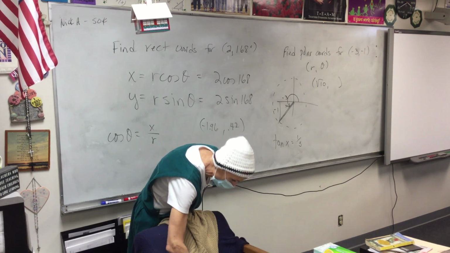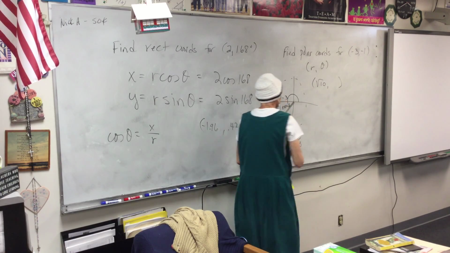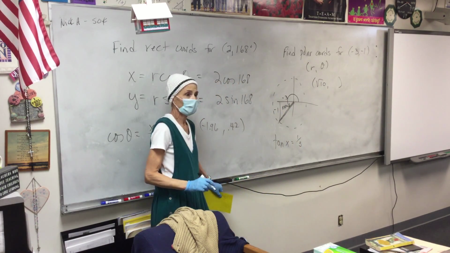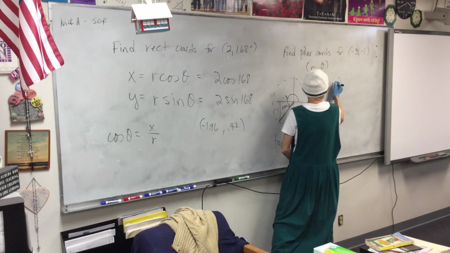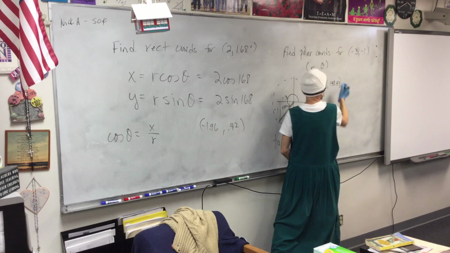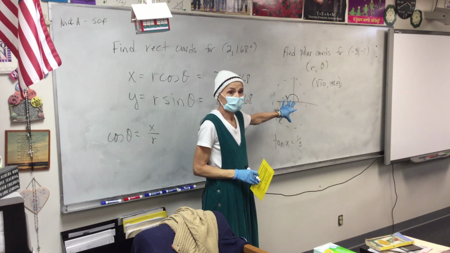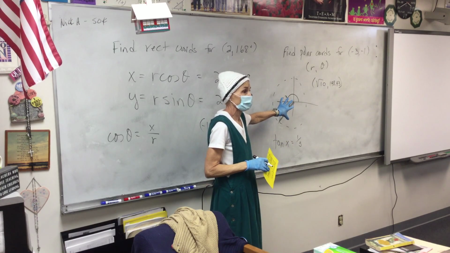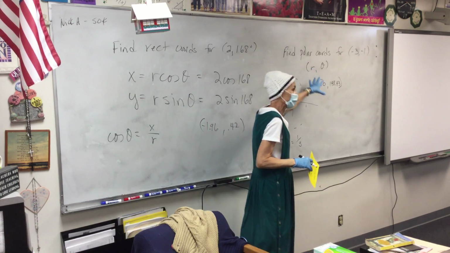And I got 18.43, which means the actual theta is 198.43. Now, that problem is on tomorrow's Monday's quiz. Only it won't say find r and theta.